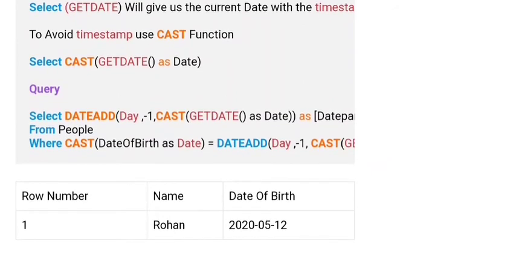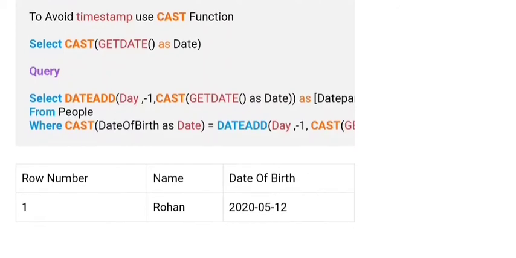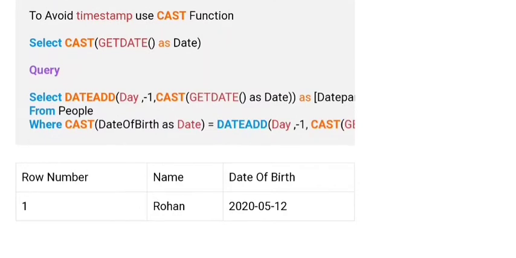Select dateadd day minus 1, because we are going to capture the yesterday record, right? Here we are using day. If you are going for 1 month back, you have to use month here. 1 year back, you have to use year. So you can use the dateadd function for all these: day, month, year. So here we are going for 1 day back, so that is the reason we are using day minus 1.